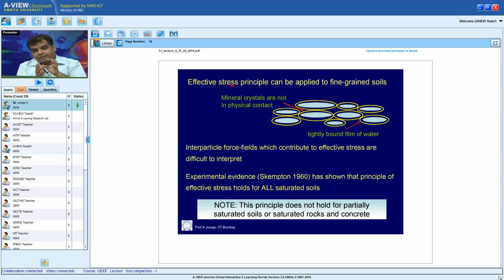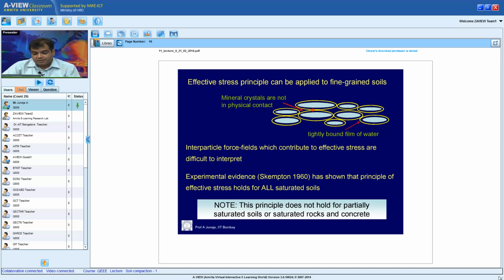Now up to the previous slide, I emphasized that the concept of one particle transmitting the stress to the other is valid for granular material. However, a few slides back, we said that for fine-grained deposits, the particles are not actually in contact. Those fine-grained particles have a film of water.